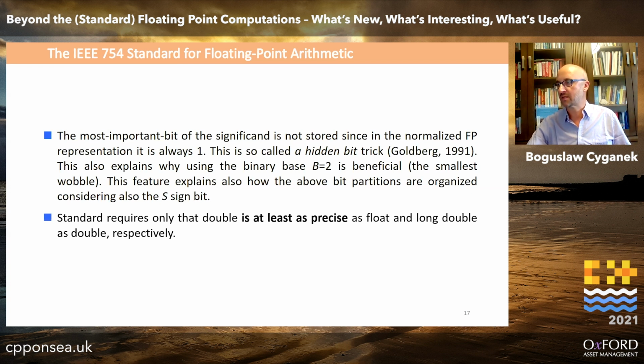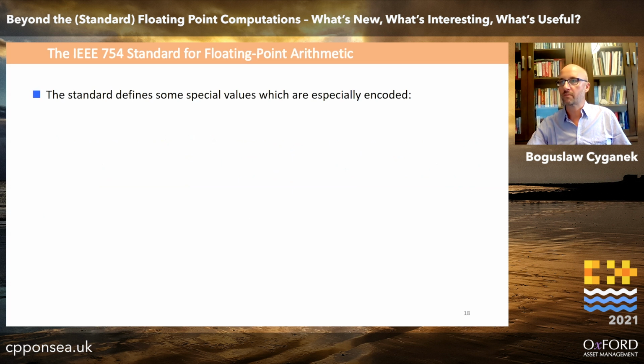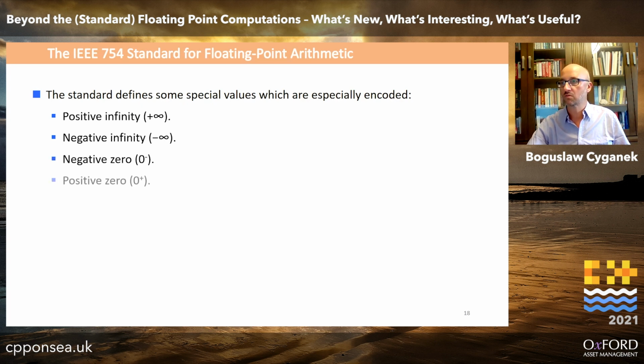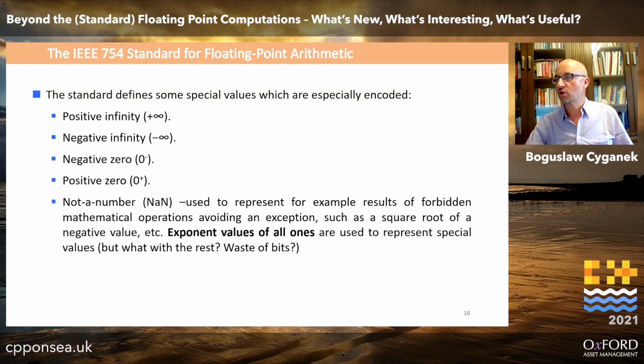Well, the standard requires at least this precision for float and long double, respectively. But there are also some special values which are specially encoded. So there is positive infinity, negative infinity, negative 0, positive 0, and not a number.